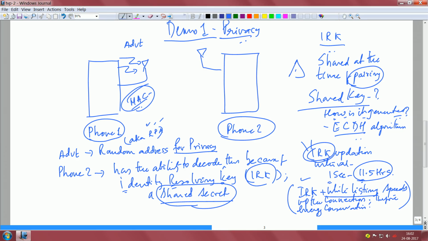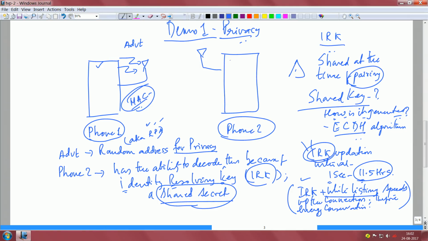White listing are those whom you want to trust. So, IRK plus white listing is possible, and because of this combination, the connection between phone A and phone B gets completely speeded up, and as a result energy is also saved to a large extent.